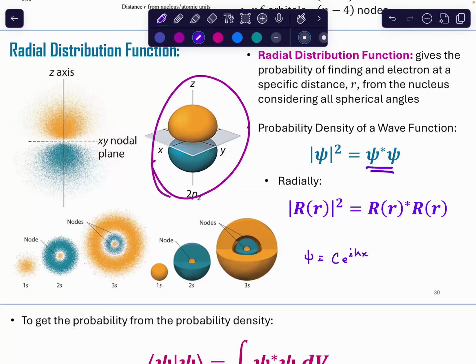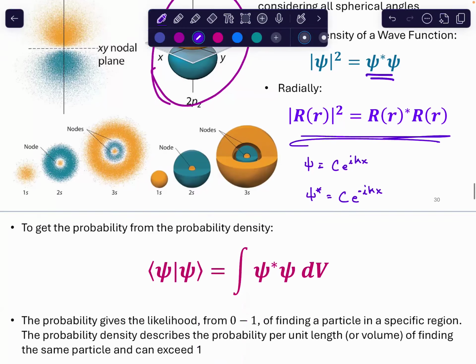The complex conjugate is going to take everything that's imaginary and change the sign of it. So really not that bad. Every time you see a star, you're just going to change the sign on the imaginary parts. And as you can see, our psi star psi for our radial distribution is going to end up being the radial part of our wave function, complex conjugate times itself.